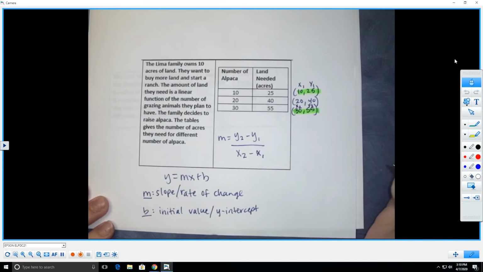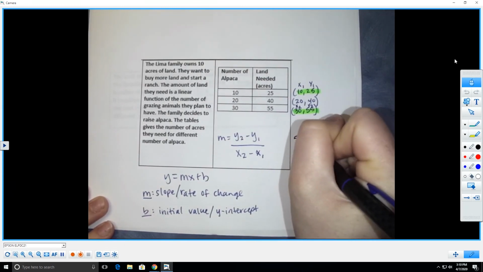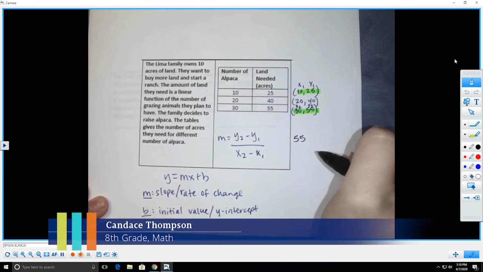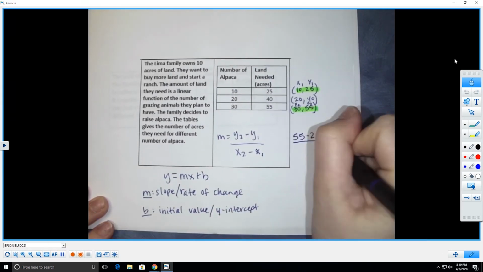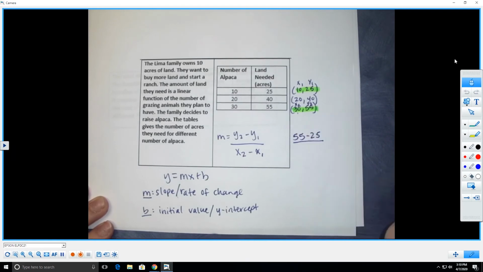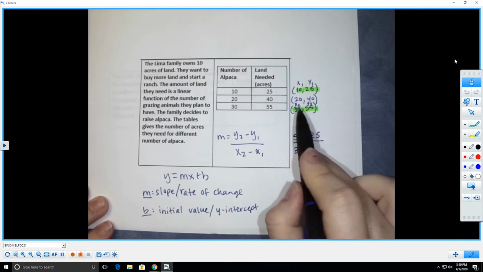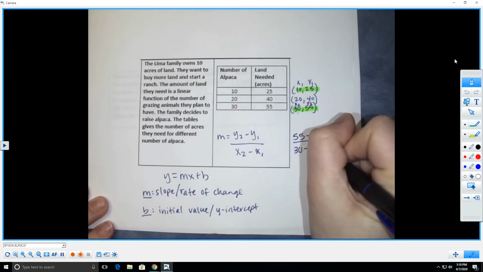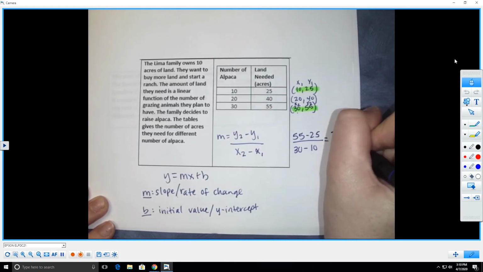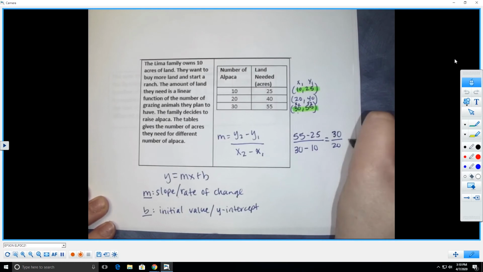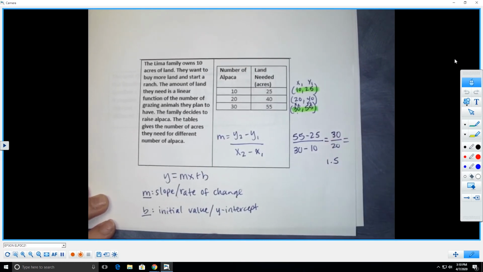So when I plug that in the formula, I have 55 (y2) minus y1, which would be 25, over x2, 30, minus x1, 10, which gives me 30 over 20, or 1.5.